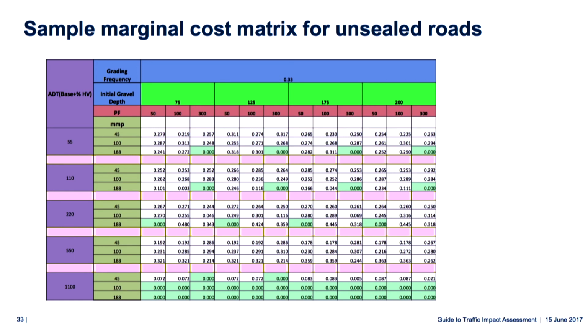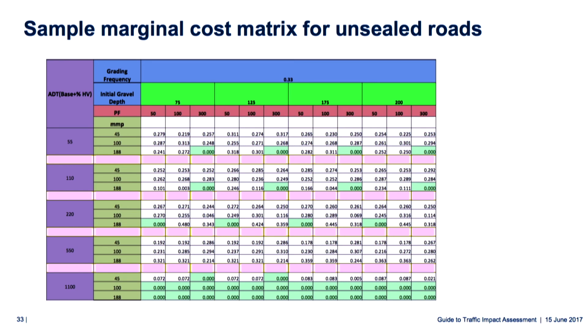And also there's a grading frequency, for example here, roughly about 3 times a year. And then what is the initial gravel depth of a particular road segment, starting from 75, 125, 175, 200, so different depth of the gravel. And also there is a material property as well, the PF and the MMP.